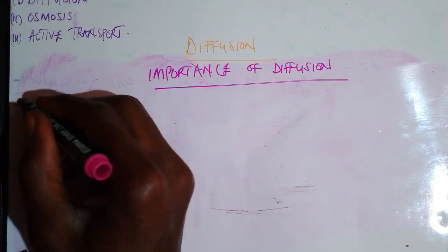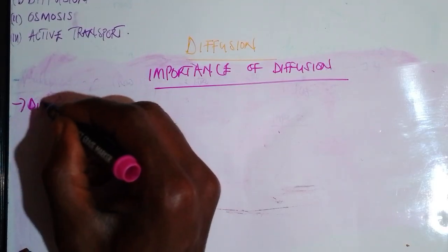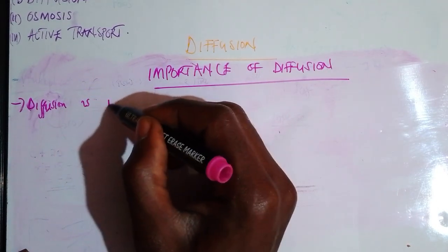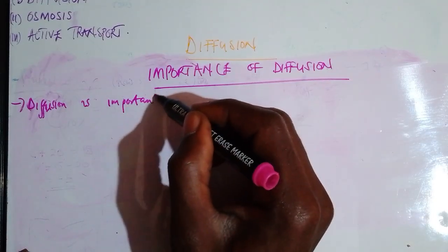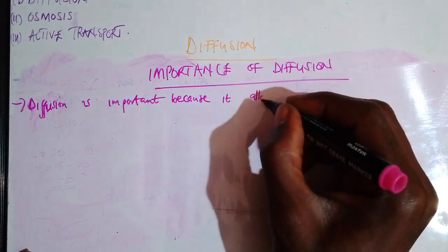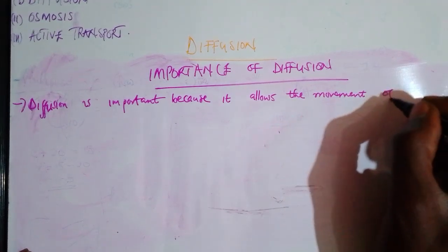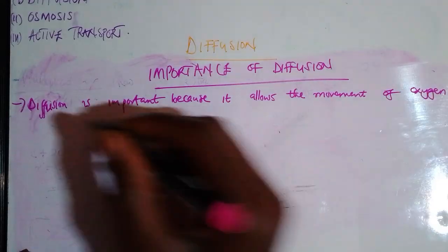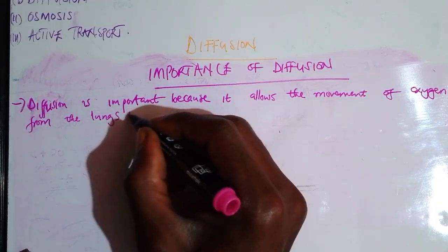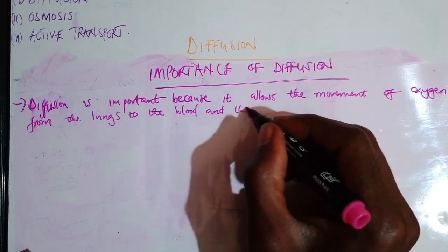So we say that diffusion is important because it allows the movement of oxygen from the lungs to the blood and the tissues.